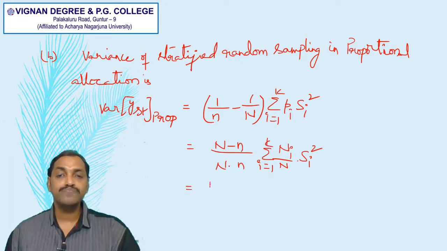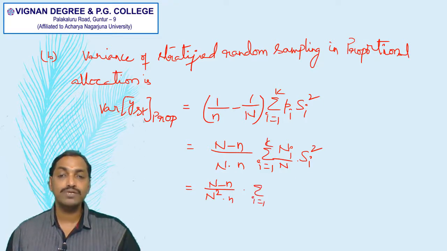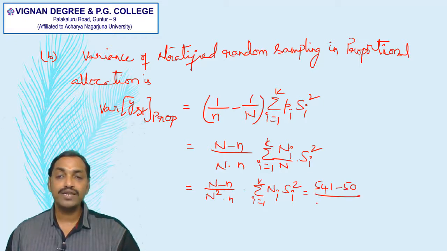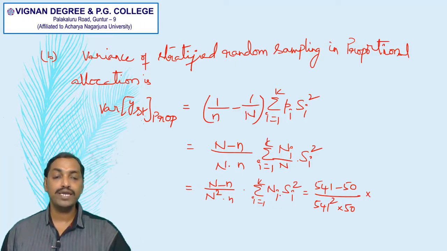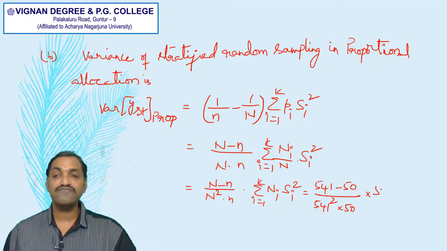That is equal to capital N minus small n divided by capital N square into small n into summation i equal to 1 to k capital Ni into Si square. On substituting the values, 541 minus 50 divided by 541 square into 50 into summation i equal to 1 to k Ni Si square, which is 5572.82.